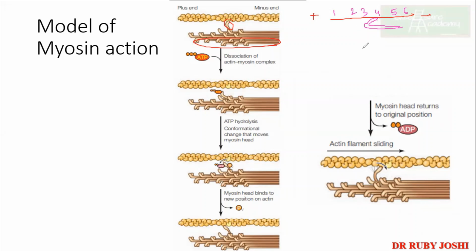ATP comes and binds. So when ATP is binding, the interaction between the actin and the myosin is broken. Okay. Or we can say that it got dissociated.